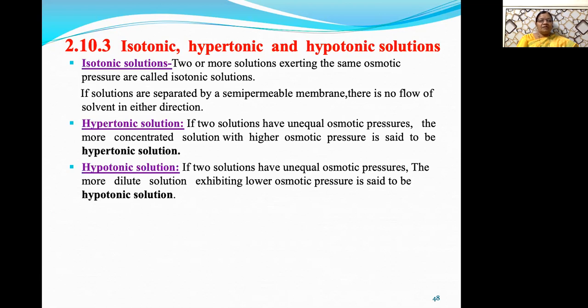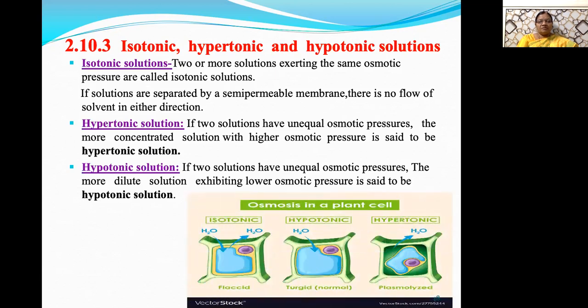The more concentrated solution will have higher osmotic pressure. It is said to be a hypertonic solution. What is a hypotonic solution? Hypo means less. If two solutions have unequal osmotic pressure, the solution which is more diluted exhibits the lower osmotic pressure. It is said to be a hypotonic solution.